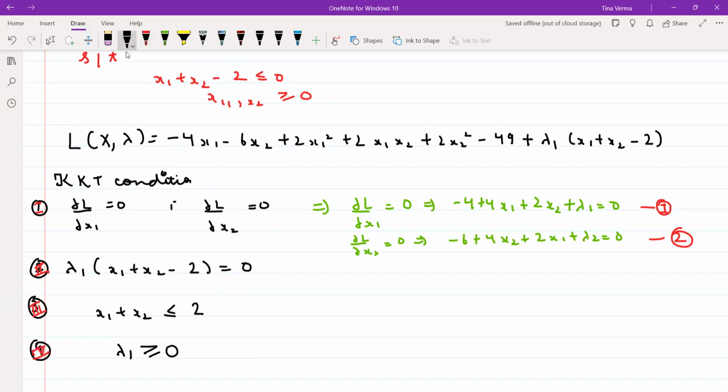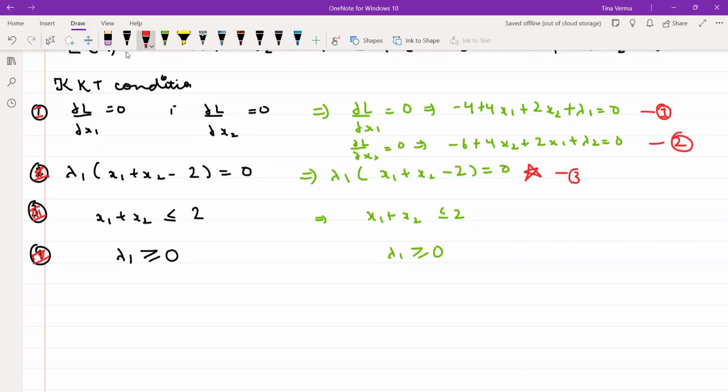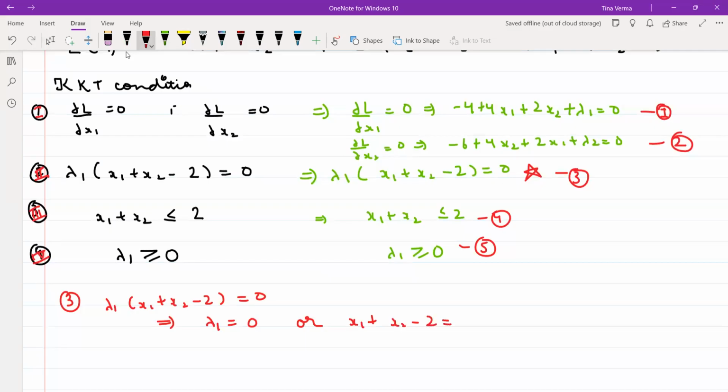From here, lambda 1 times (x1 plus x2 minus 2) should be equal to 0, and the condition is x1 plus x2 less than or equal to 2, and lambda 1 should be greater than or equal to 0. You can always start from the equation that has equal to 0. The third equation says lambda 1 times (x1 plus x2 minus 2) equal to 0. It indicates that either lambda 1 should be 0 or x1 plus x2 minus 2 equal to 0.